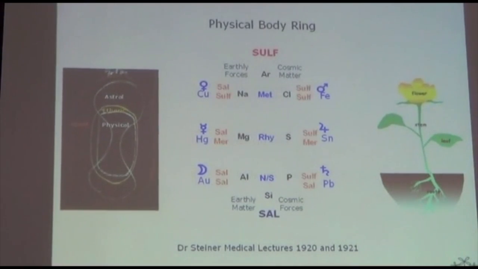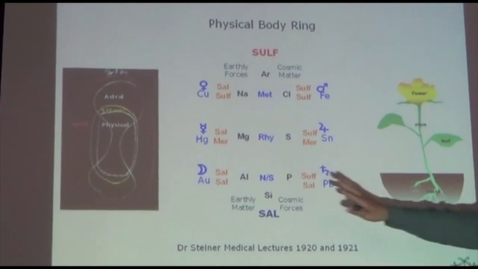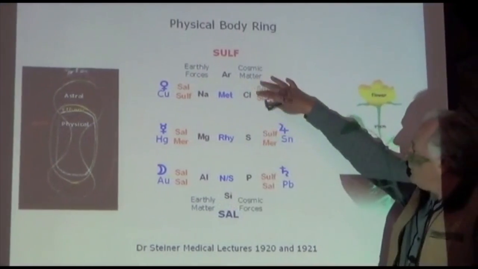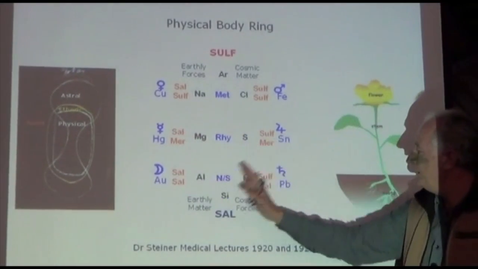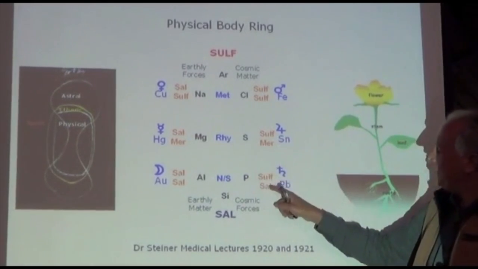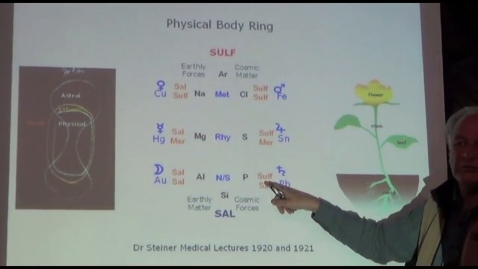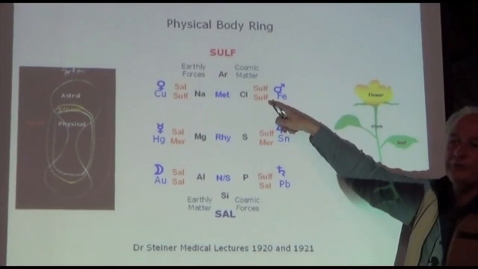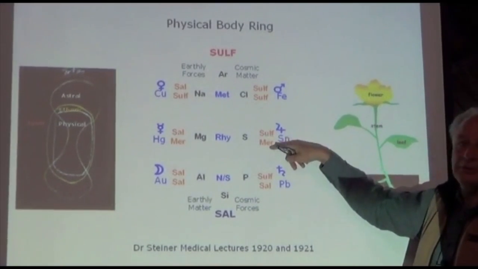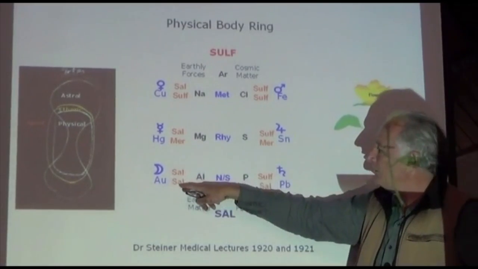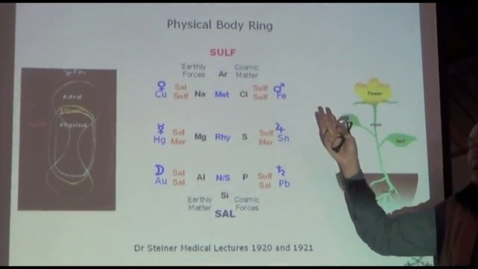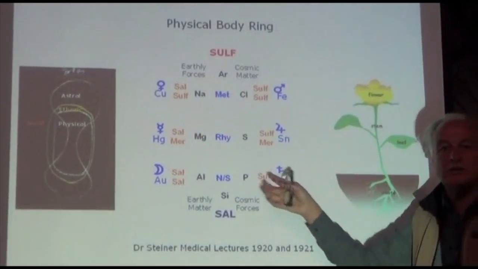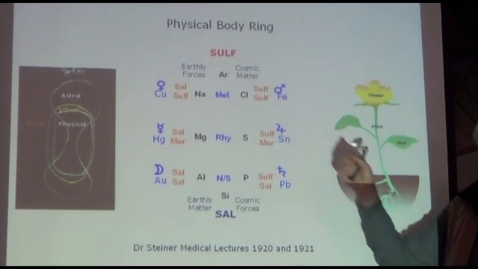So we can bring all that in. But what we can also start to identify is that we've got this division here, that while this is the cell processes and this is the Sulf, this is the Sal part of the Sulf, whereas this is the Sulf, and so this is the middle, Sulf, Mercury. And similarly, Sulf, Mercury, Sulf. So we're being able to identify these qualities of these elements in finer detail.